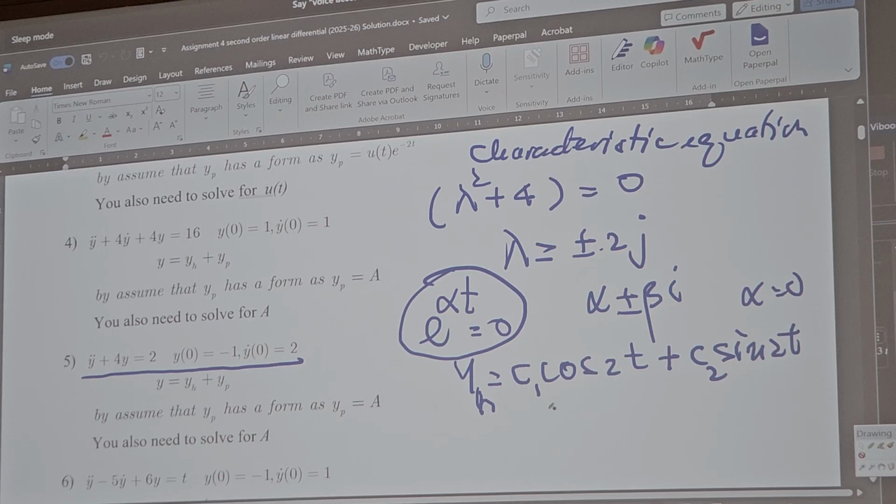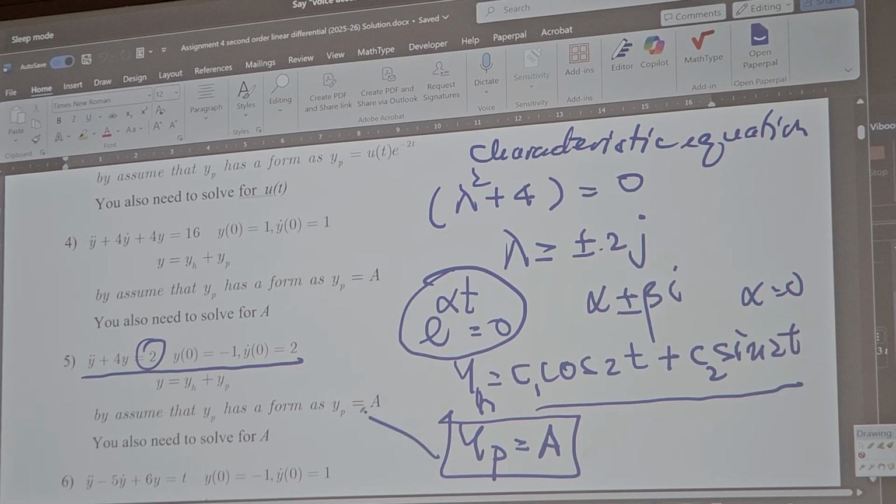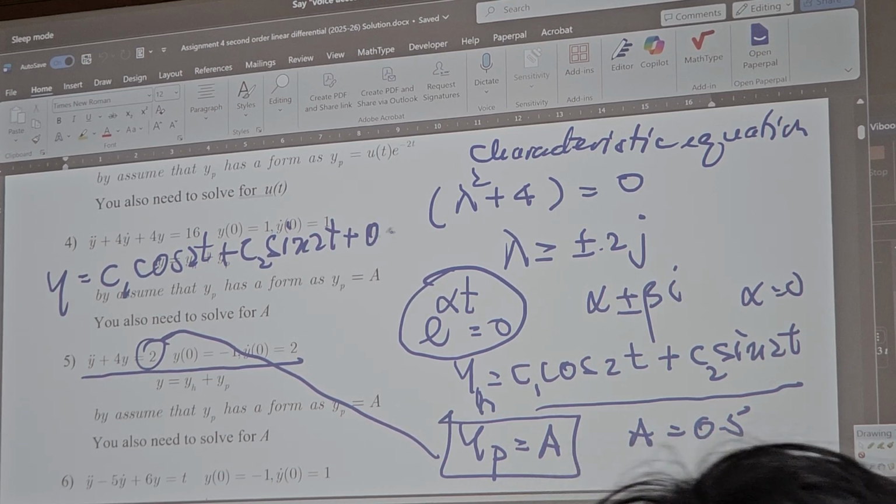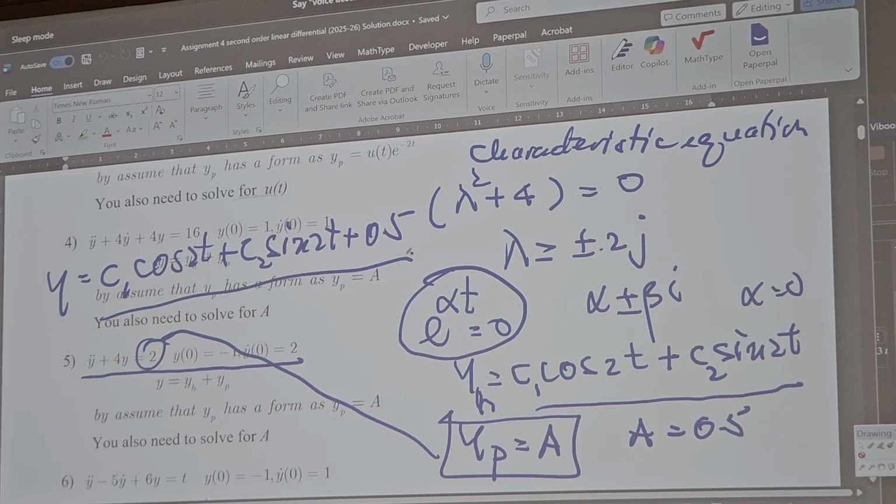For the particular solution, because it's constant, yp will be equal to a. Substitute this one to this one, and you can know that a will be equal to 0.5. Your solution will be C1 cos 2t plus C2 sine 2t plus 0.5. That is the solution.